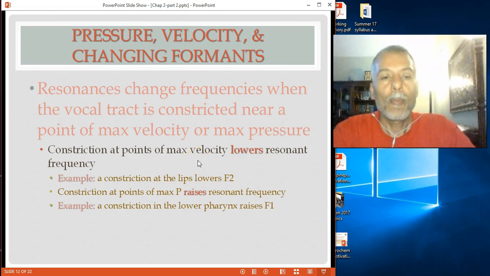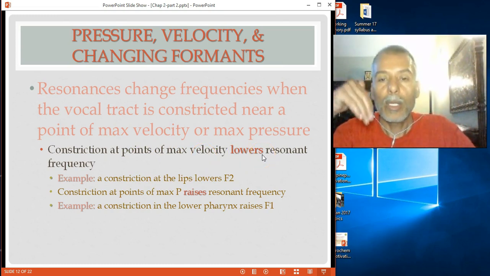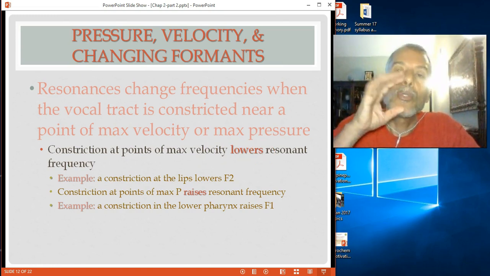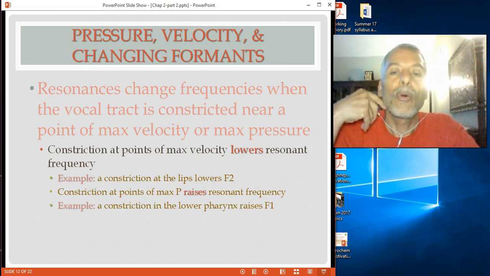For example, if there's a constriction at the point of maximum velocity, like at the lips, that is going to lower the resonant frequency. If you say pa, pa, you constrict your lips, that's going to make F1 lower.